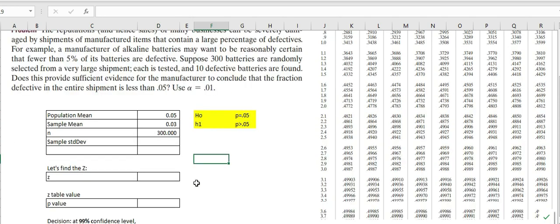So I'm finding the z-value for the sample proportion.